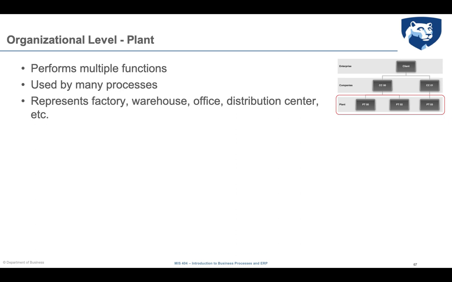So they are the actual facilities where processes are executed. Again, examples are factories, warehouses, offices, distribution centers, fulfillment centers, whichever location where processes and activities are executed. Three different types of organizational data: client, companies, and plant.